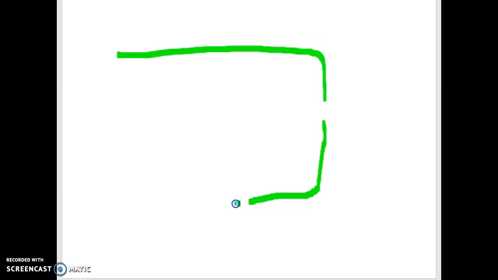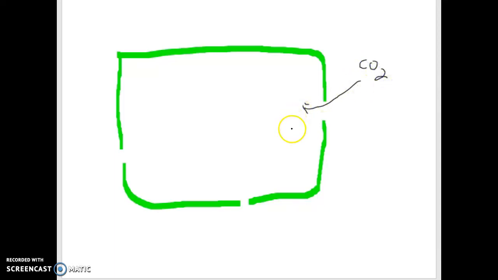Okay, so let me draw out what goes on during heat stress here. Okay, so here's our plant cell. There's a little stoma, those openings there. Okay, so when they're open, CO2 goes in and oxygen comes out.